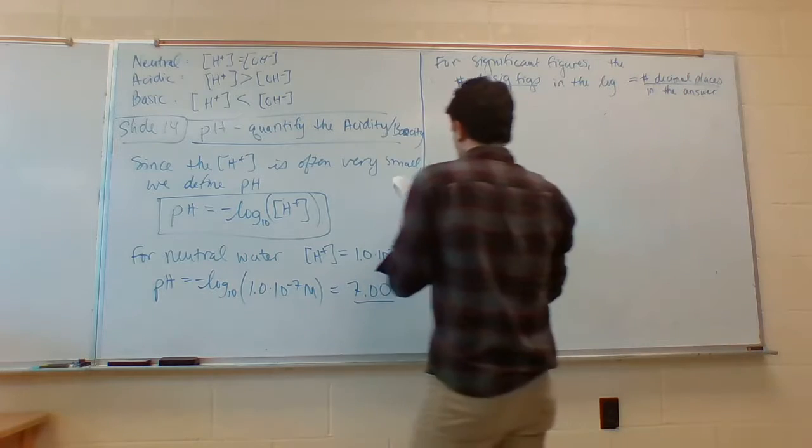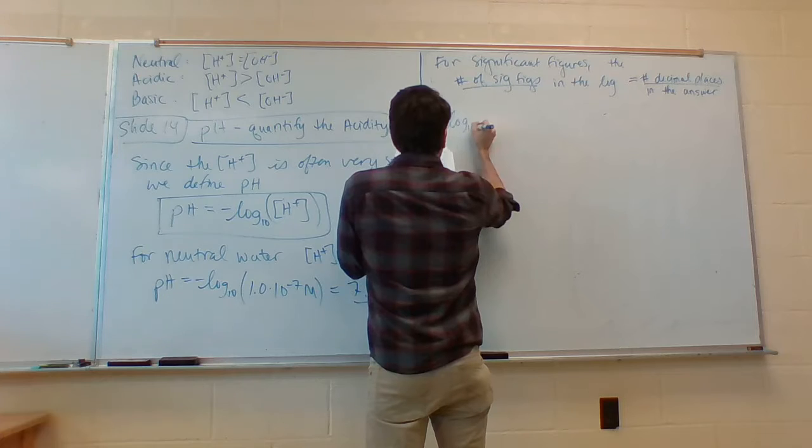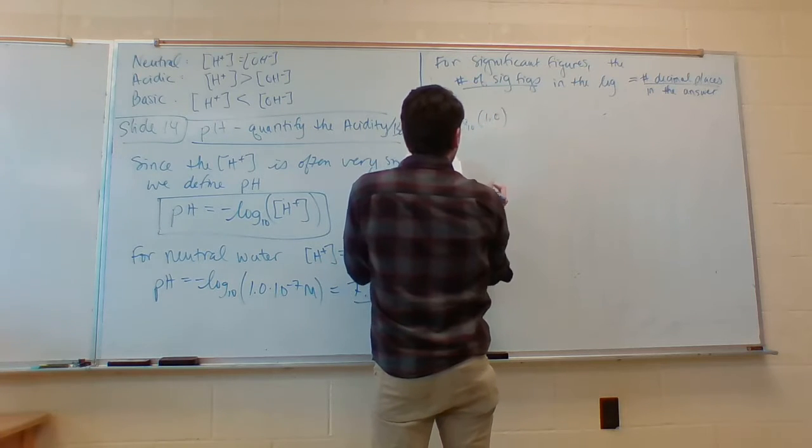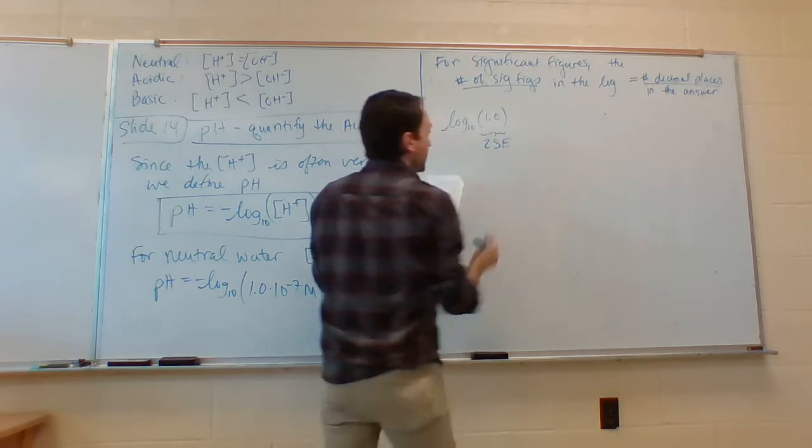All right? So that means that say you have the log base 10 of 1.0 times 10 to the negative 3.